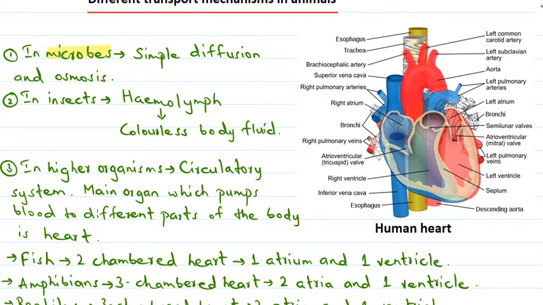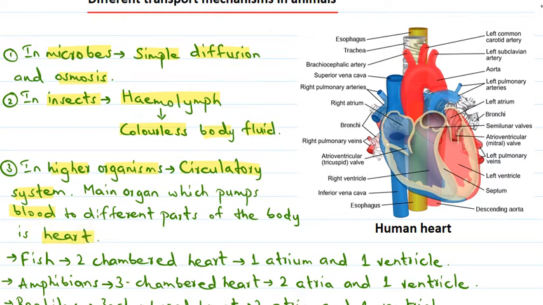In microbes, transportation takes place by simple diffusion and osmosis, and both these processes can transport only to short distances. Then in case of insects, there is hemolymph which helps in transportation, and this hemolymph is a colorless body fluid. Then in higher organisms, there is a specialized circulatory system. The main organ that pumps blood to different parts of the body is the heart.